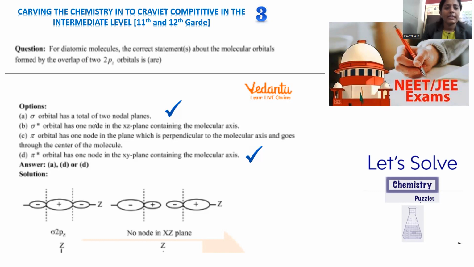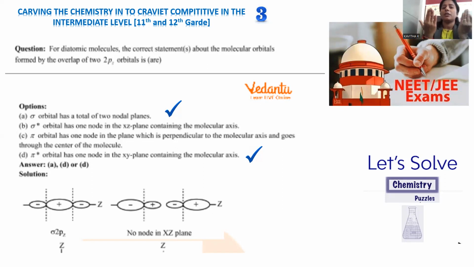The statement: the sigma orbital has a total of two nodal planes. First of all, we have to know how sigma orbital formation is possible and how the pi molecular orbital will be formed. Sigma orbitals are formed by axial overlapping of atomic orbitals. Whenever atomic orbitals combine on the same axis, that is said to be sigma bonding.